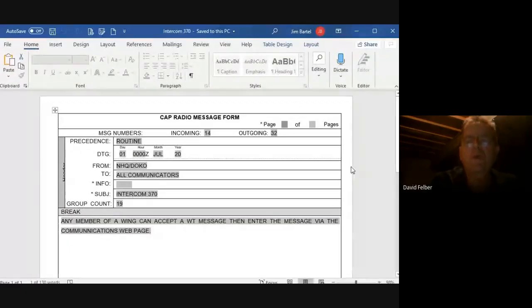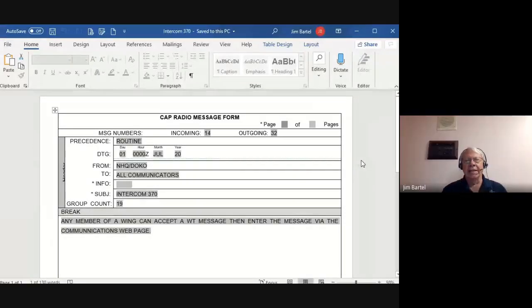Okay, go ahead. Oh, let me stop presenting. Now you can choose who you want it to go from or to. Can everybody see this? Okay, this is the intercom message that came out last week. What I'm going to do is read through this as if I were transmitting it to you, just like it would have come out over the air.